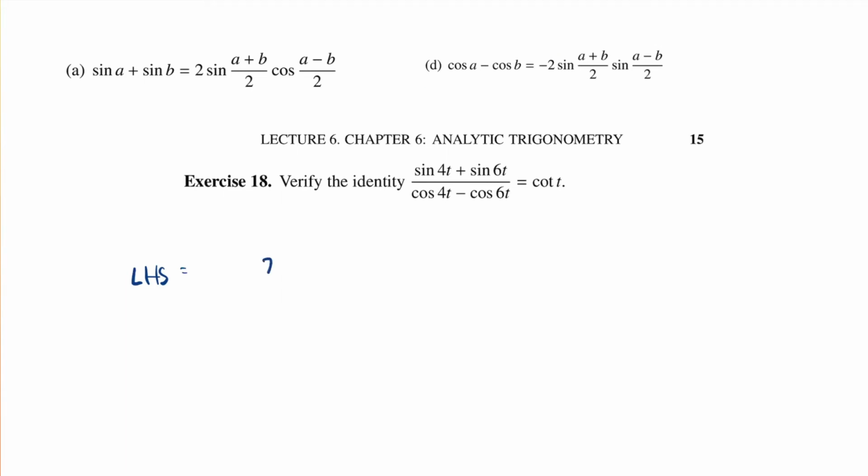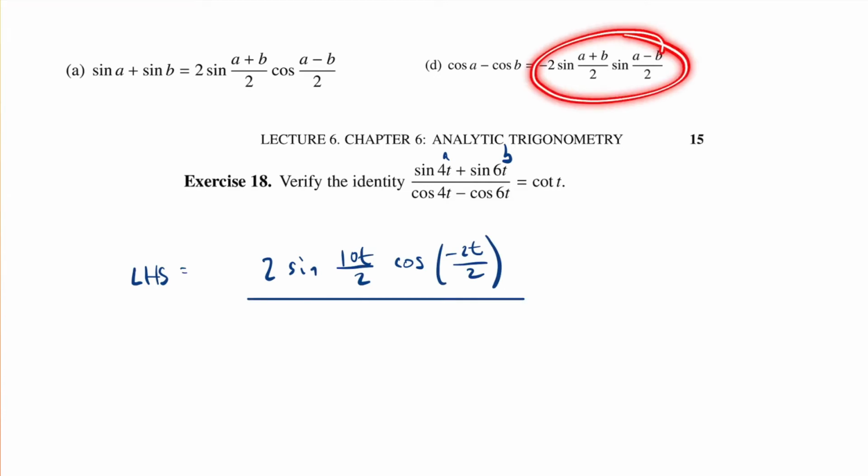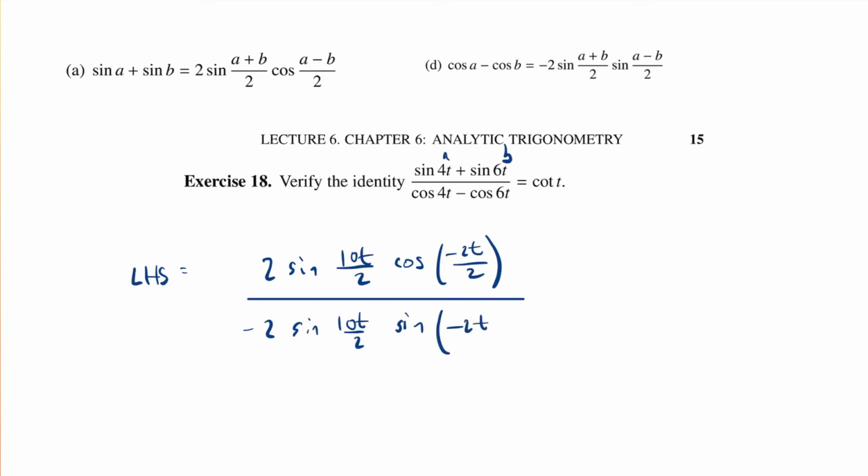So the numerator is going to become 2 sine of (A plus B) which is 10t over 2, cosine of (A minus B) will be negative 2t over 2, over the denominator. Now we're going to use this formula. It's going to be negative 2 sine of the sum, which is 10t over 2, and sine again of the difference, which is negative 2t over 2.